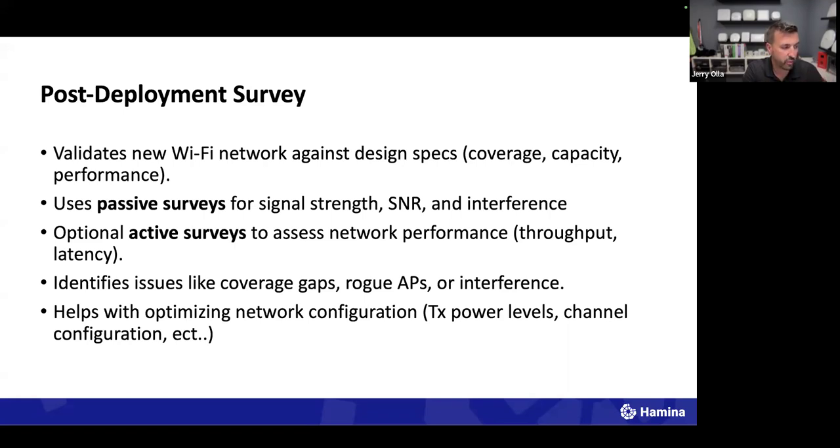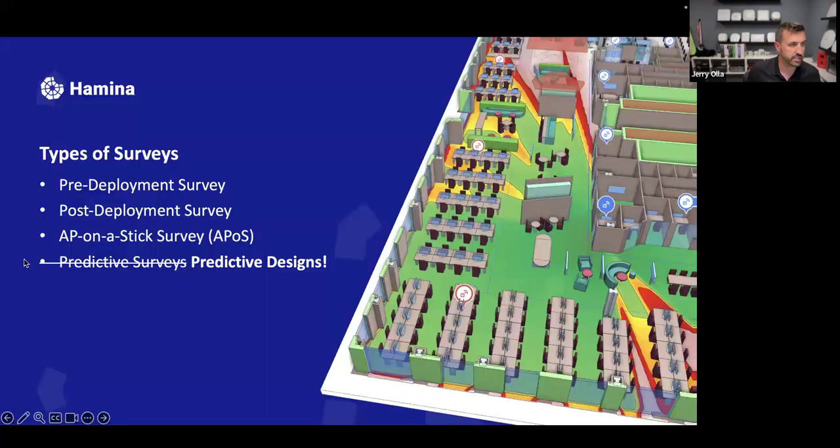Is there malfunctioning equipment, a malfunctioning antenna? Is it put on the ceiling where we designed it, or did they put it on the wall? And is it configured correctly? Did it get configured with the right transmit power? The right channel configuration? Those can all be seen as part of that post-deployment site survey.